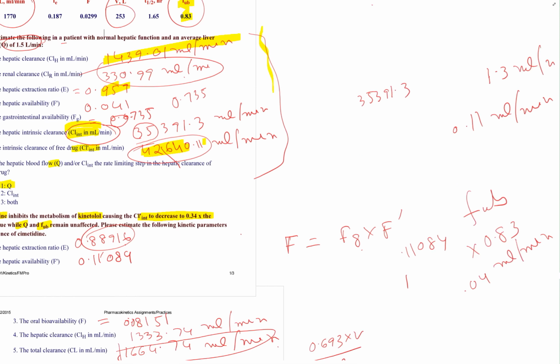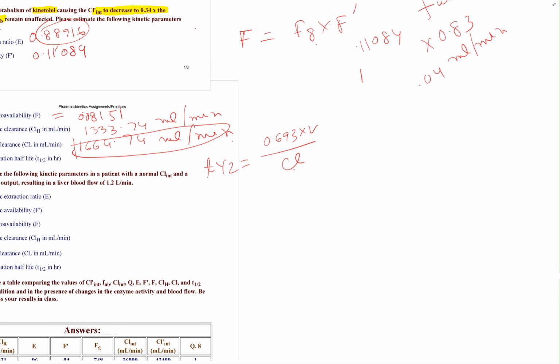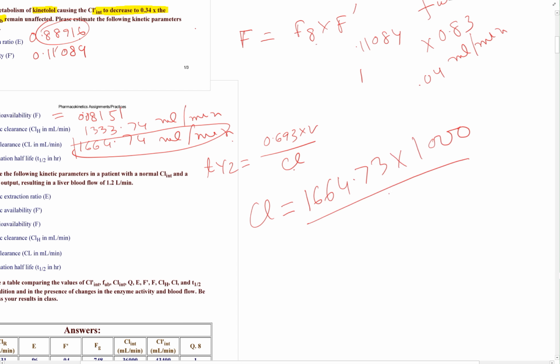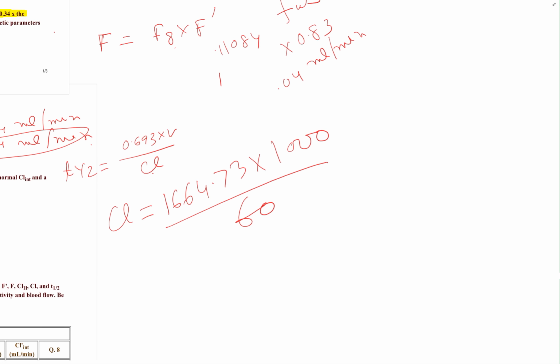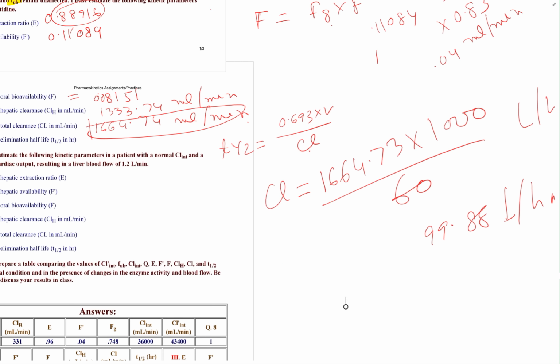So we have to do some conversion of units here. CL is 1664.73 times 1000 divided by 60. This will give you liters per hour, which is 99.88 liters per hour. So we have CL.